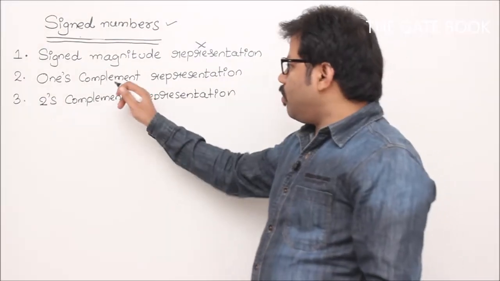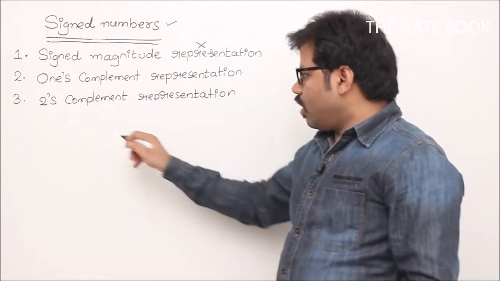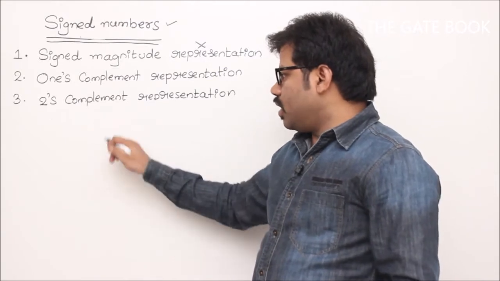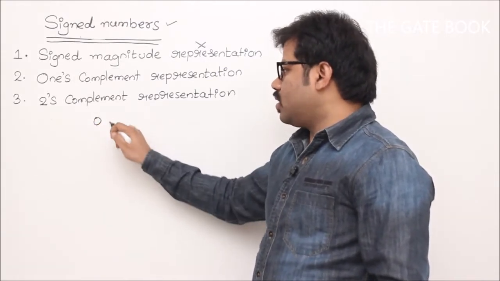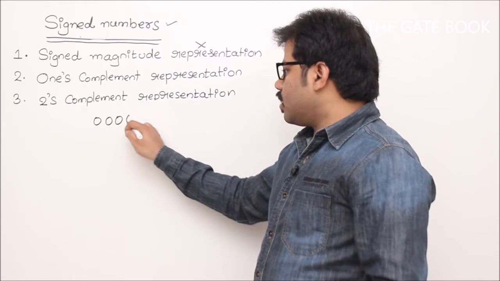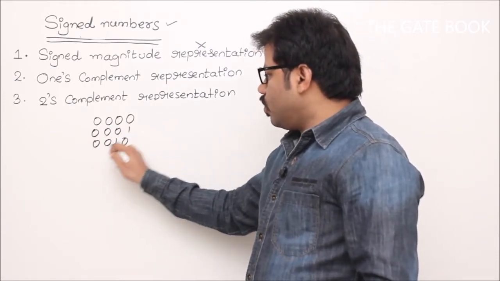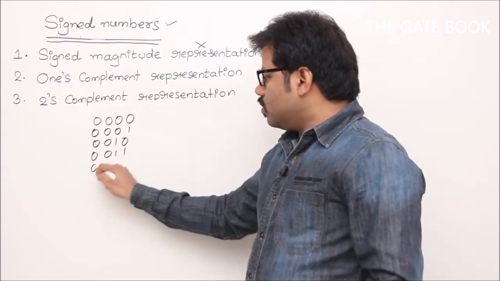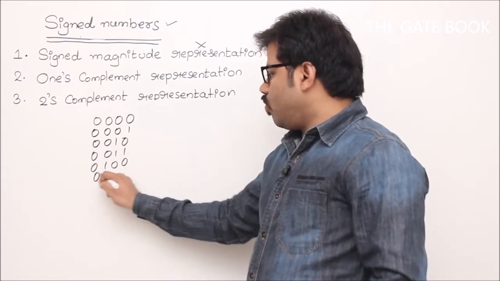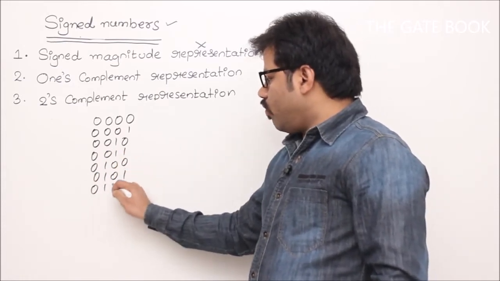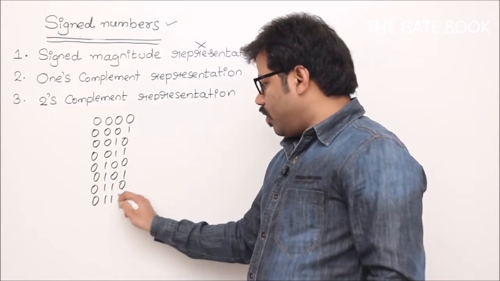In ones complement representation, how are we going to represent negative numbers, we'll see. Let me take 4 bits first of all. With 4 bits, these are the patterns, right? 0 0 0 0, 0 0 0 1, 0 0 1 0, 0 0 1 1, 0 1 0 0, 0 1 0 1, 0 1 1 0, 0 1 1 1.